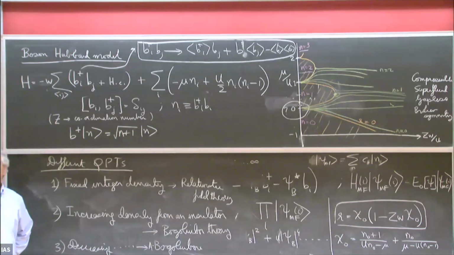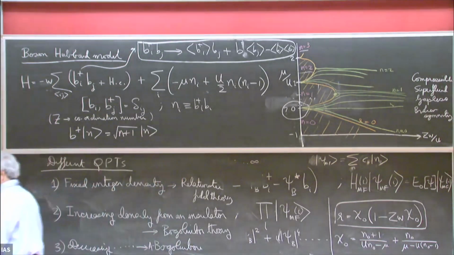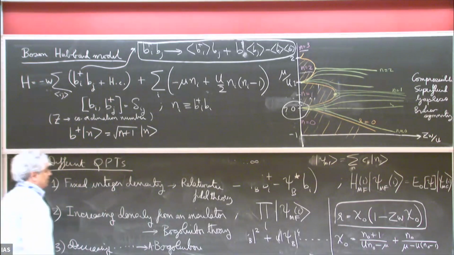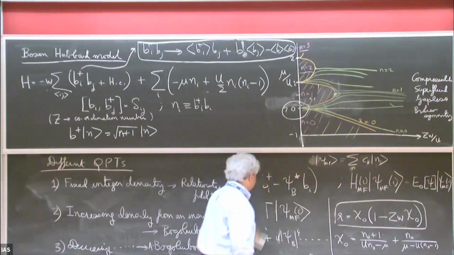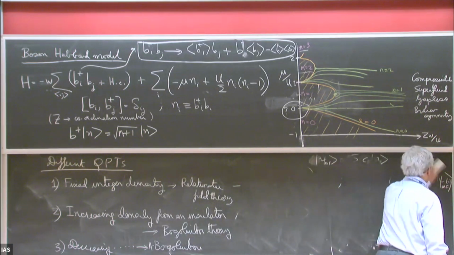Okay, so yeah, there's plenty of time. I think hopefully I can show these things before we're done today. All right, so what do I mean by the increasing density transition? Starting from an insulator.